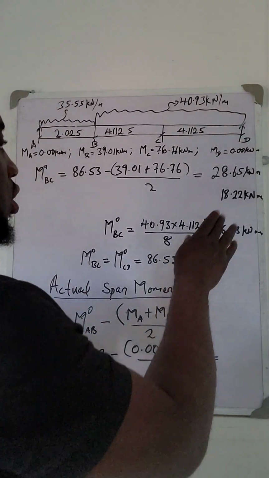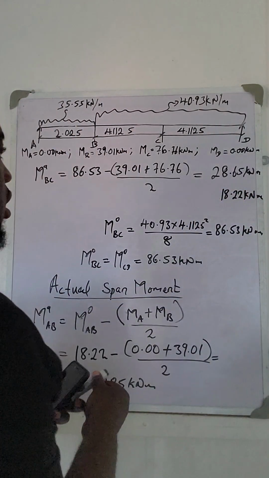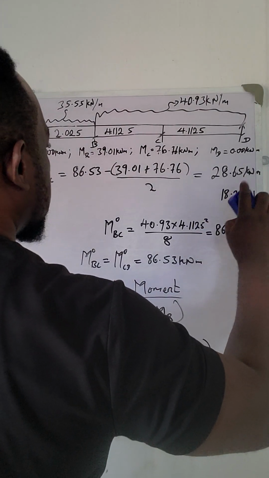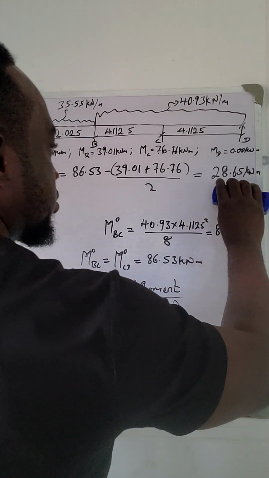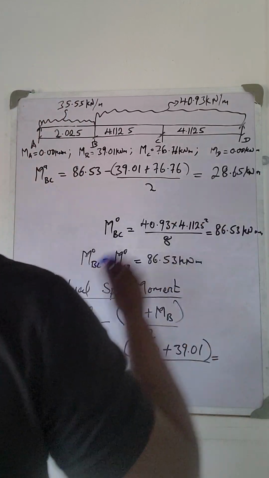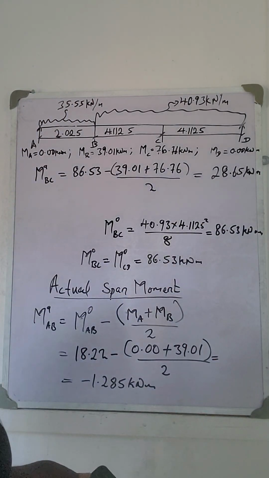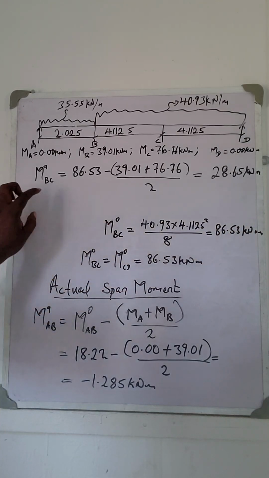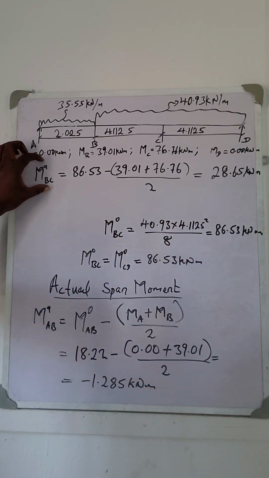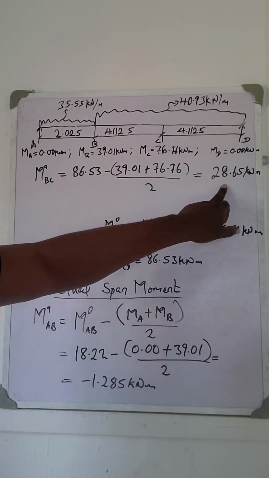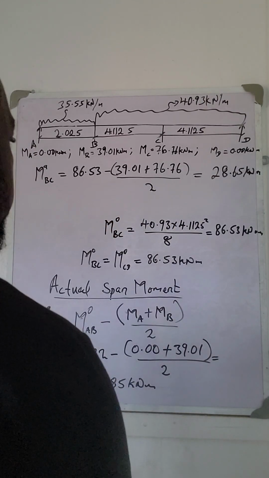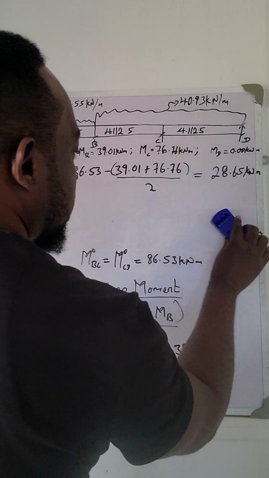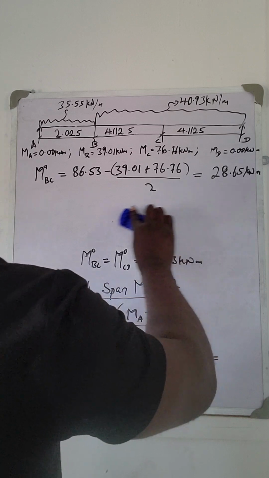Okay, so recall that actual span moment AB, I know this one already. So that was the one I cleaned over, the free span moment BC. We've gotten our actual span moment BC to be this. Now the next is to solve for actual span moment CD.